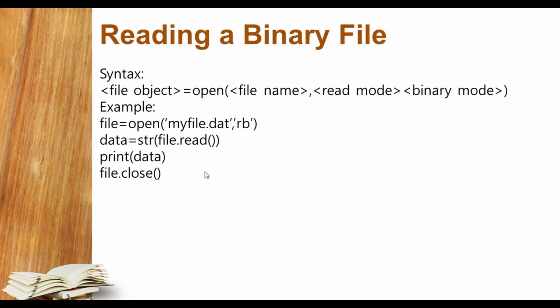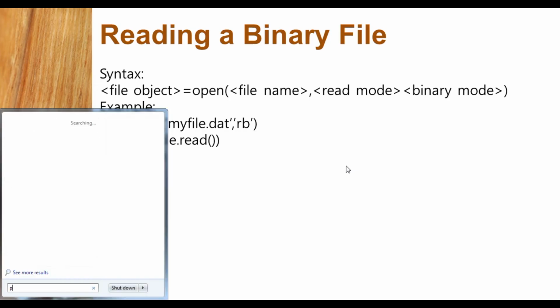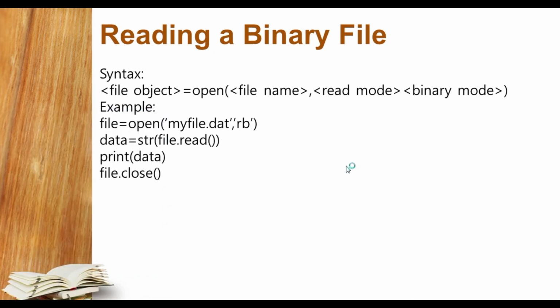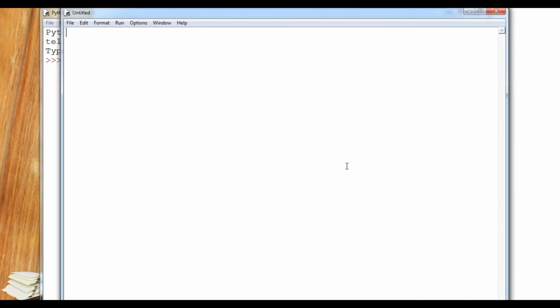Now we come back to our work again. Open Python, and then I will open a new file, a program for reading and writing a binary file. We are going to create a file with the open method. Suppose the file name is my b file, .dat as an extension, then write binary mode. Then we are going to write the binary file.